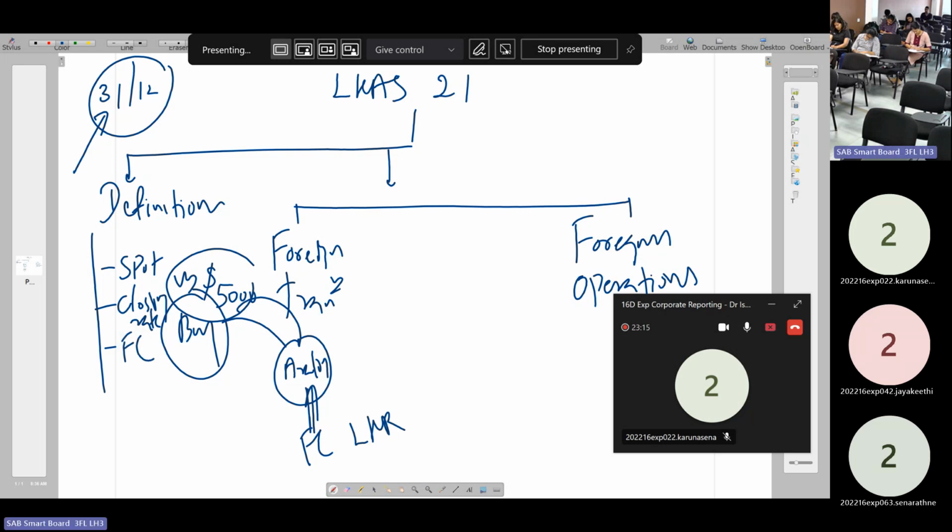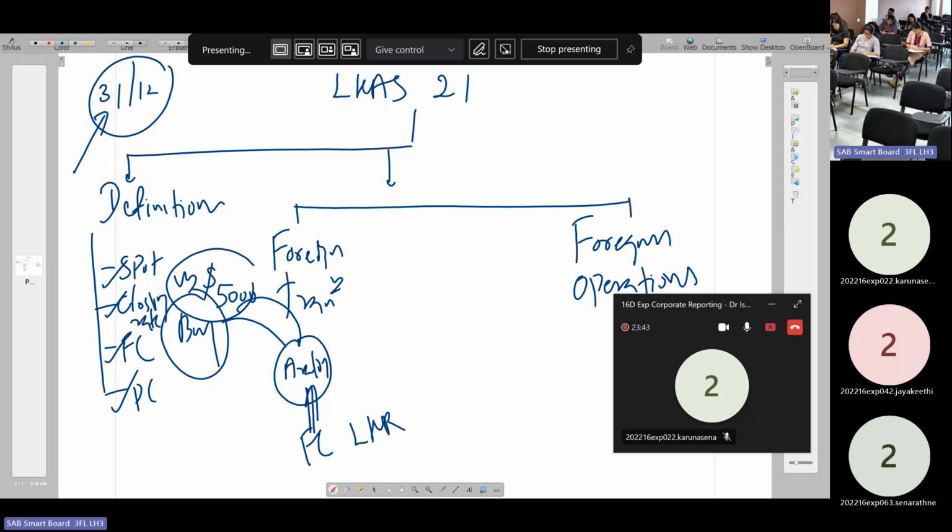Then functional currency, presentation currency. We were discussing them. Functional currency needs to be derived, but presentation currency can be selected.